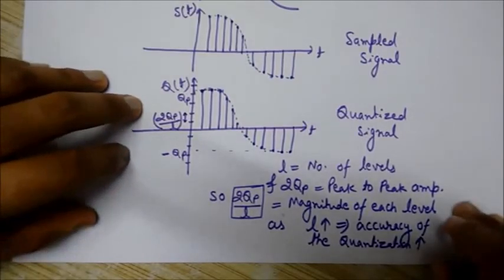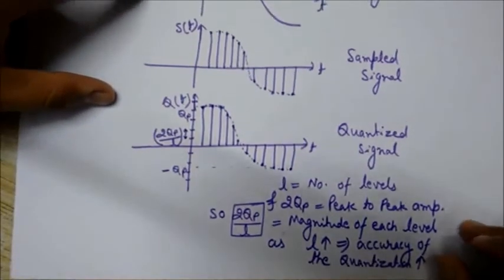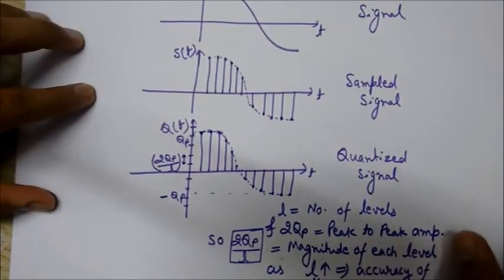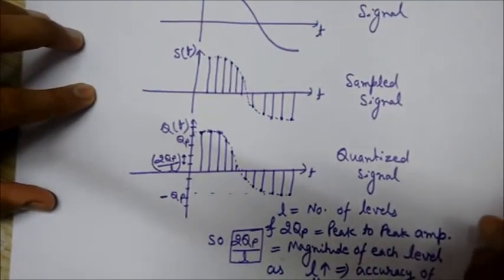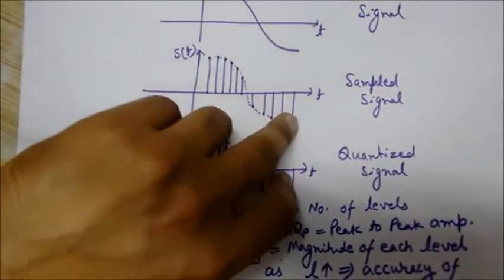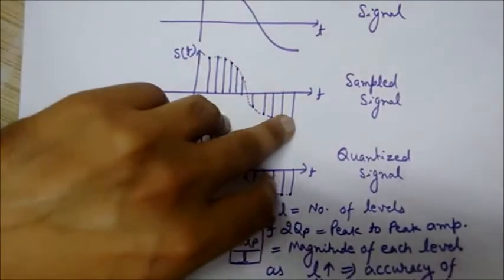You can increase the accuracy of the quantized signal to any desired level by varying the number of levels. Higher the number of levels, higher will be the accuracy. PCM uses this technique to convert analog signals into digital signals.